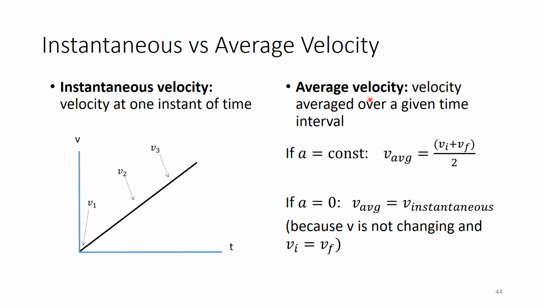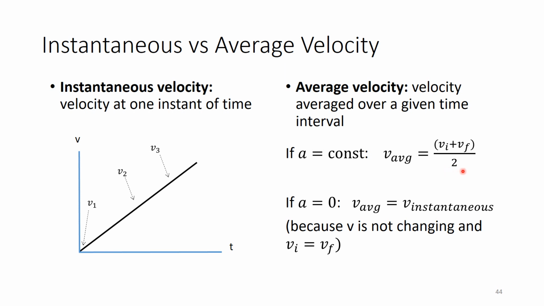Okay. Now, suppose we don't want to find the instantaneous velocity. We want to find the average velocity. So how do you find the average velocity? Average velocity is the velocity averaged over a time interval. Here are a couple of equations that help you calculate it. If the acceleration is constant, the average velocity is the initial velocity plus final velocity divided by 2.